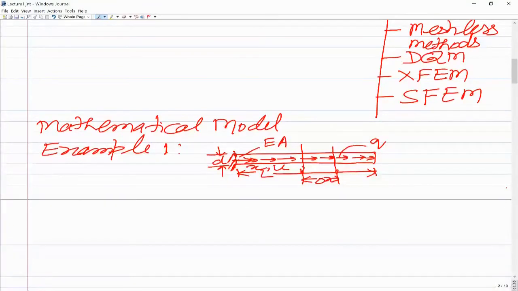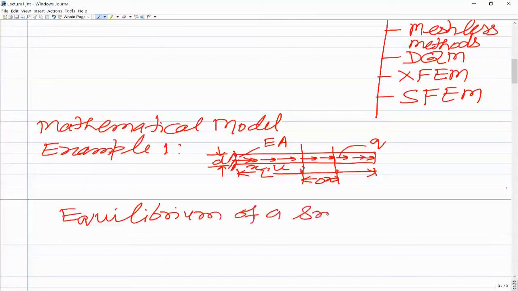It is subjected to this load q gradually, and then it deforms and stays in that deformed configuration. That is why we are calling it an equilibrium problem. So we are considering equilibrium of a small part of length delta x.